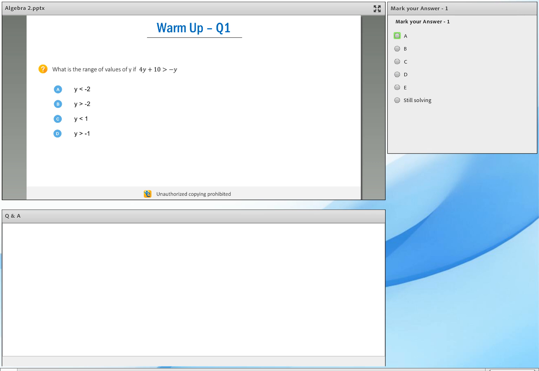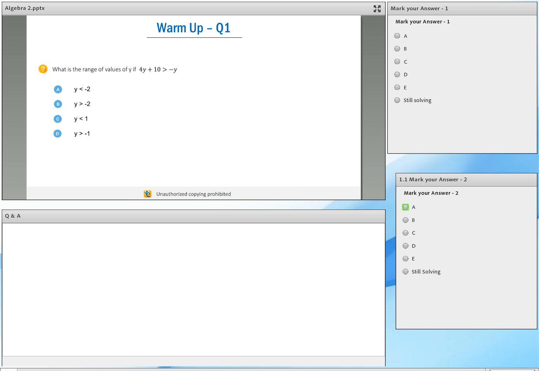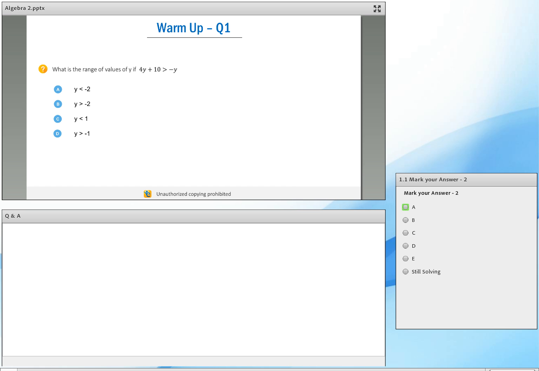Let's get a few more, and then we're going to move on to the next warm-up question. Three, 2, and 1. Here's the second poll, and here's your second question.